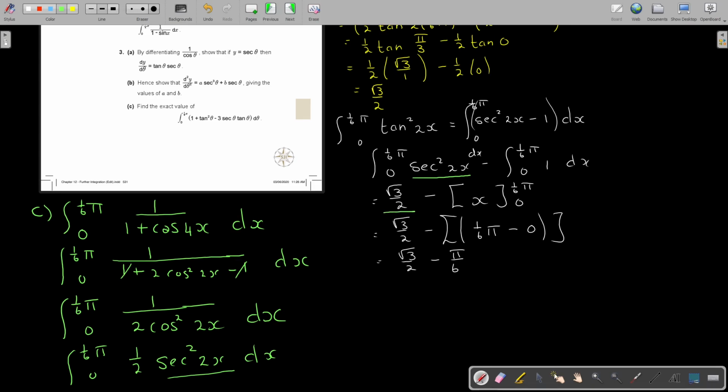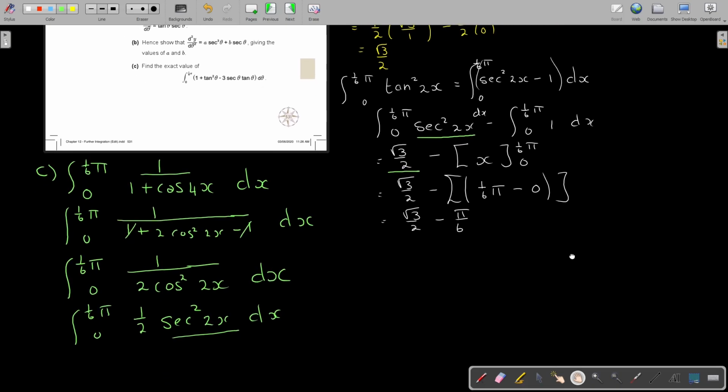I don't even have to integrate, I can just say it's equal to a half because I know that it's going to be square root 3 over 2.